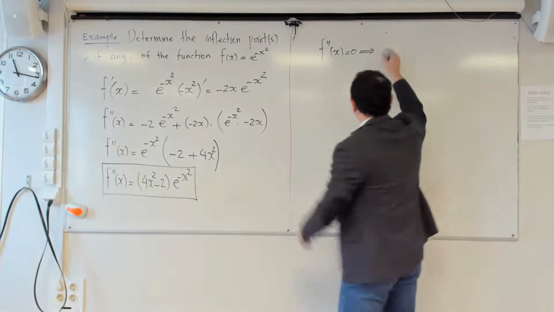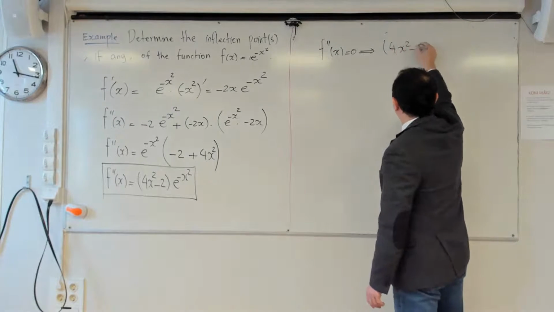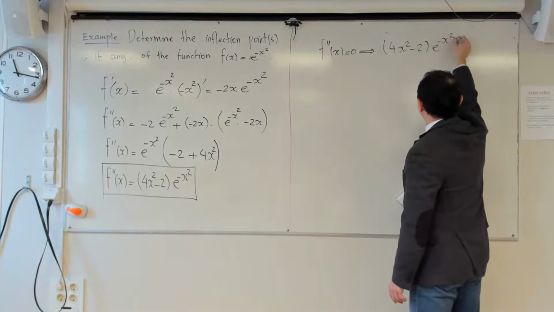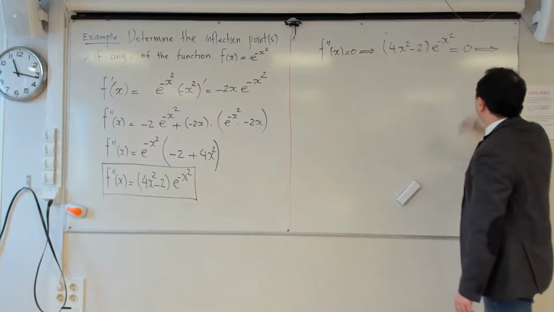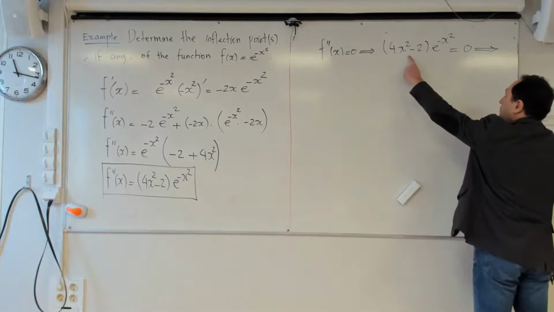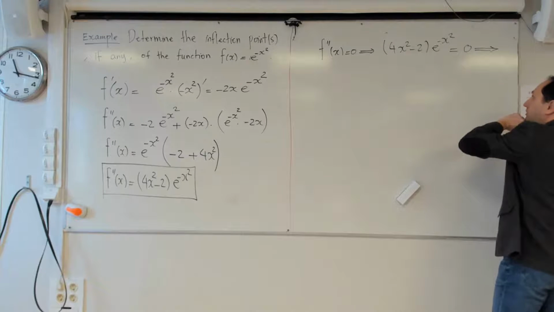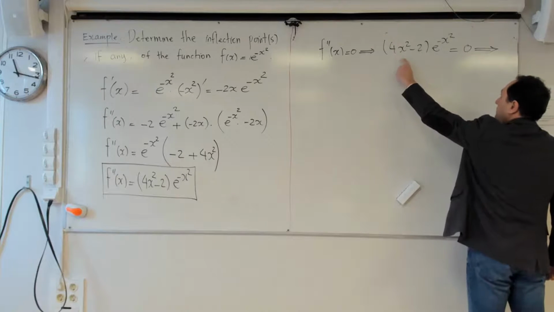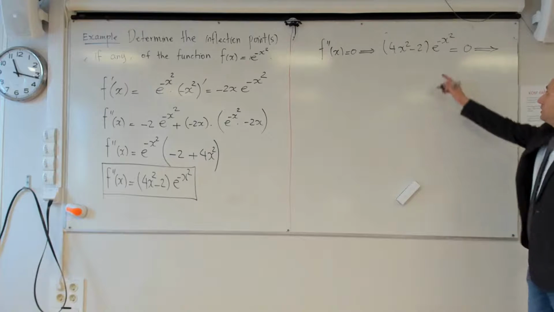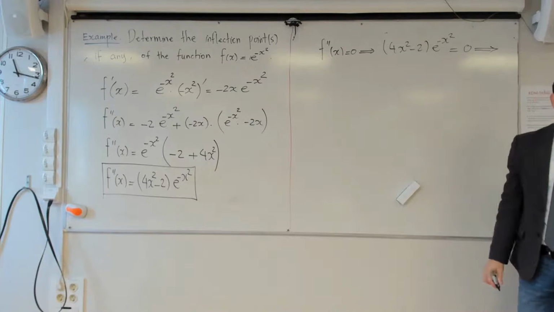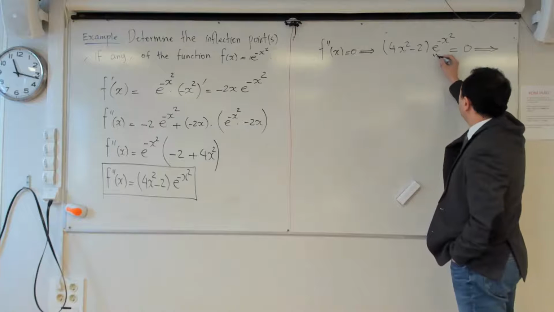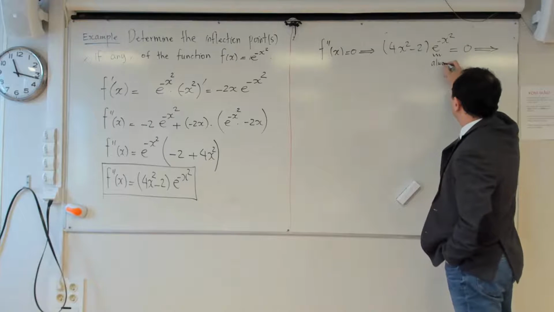This means that 4x squared minus 2 times e to power minus x squared is equal to 0. The product of these two numbers is supposed to be equal to 0. Either this one has to be equal to 0 or that one. But the right one cannot be equal to 0 because that's an exponential function. This is always positive.